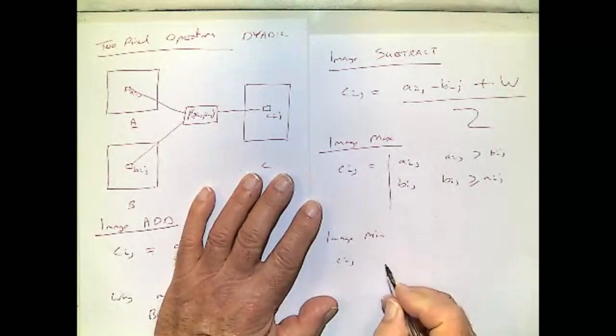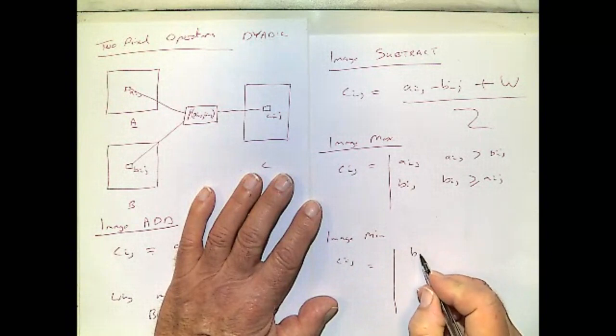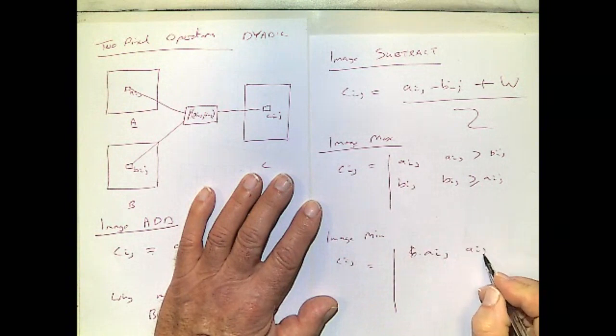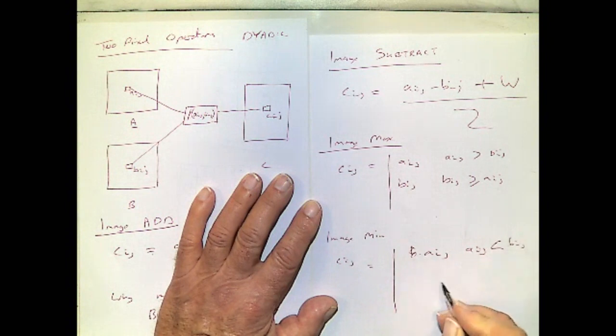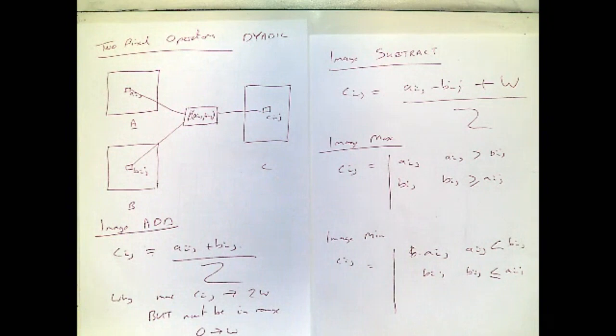Cij equals Aij for Aij less than Bij, and Bij for Bij less than Aij, and put the equals one there. Okay, I'll pass over those quickly. They're special effects, you know what they are, they're relatively simple. The only thing you might get wrong is the correction factors. Remember, got to be in range of 0 to W.